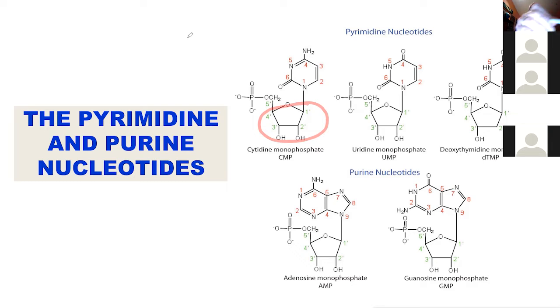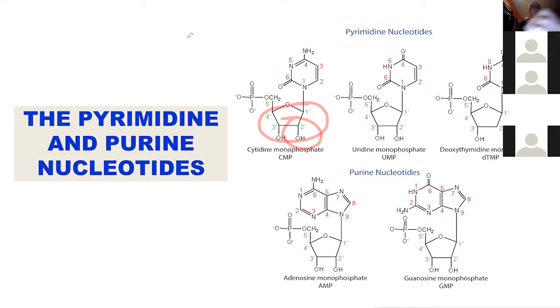So if we look closer at the 2' carbon, you see it's got a hydroxyl group on it with an oxygen. So is that oxy or deoxy? That's oxy, right. So that would be ribose. So these are all ribose sugars.